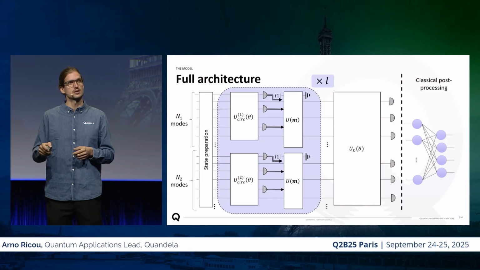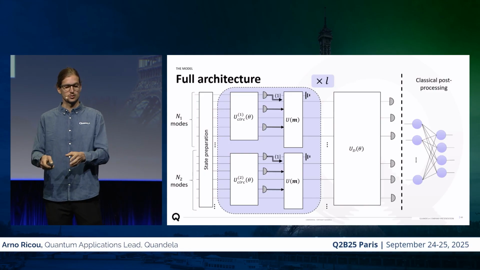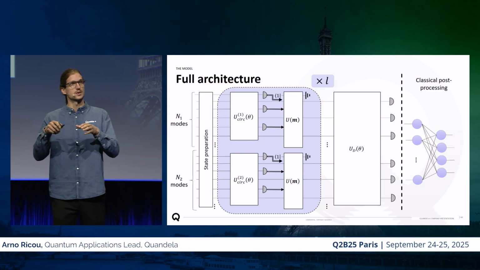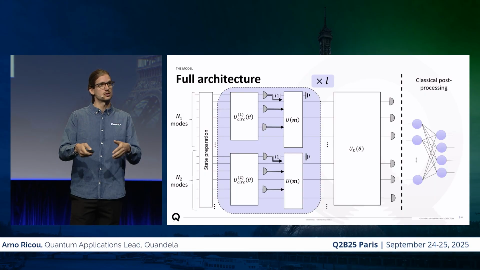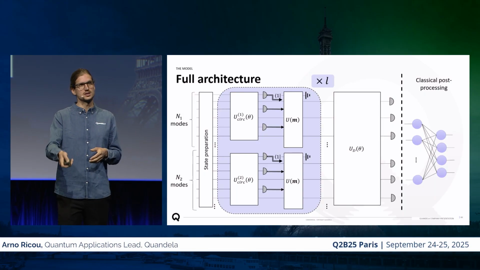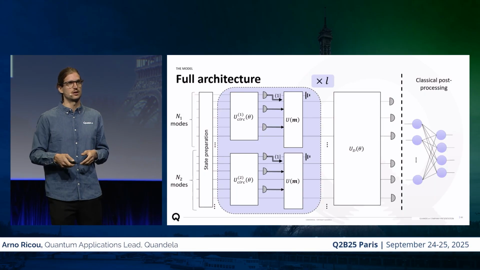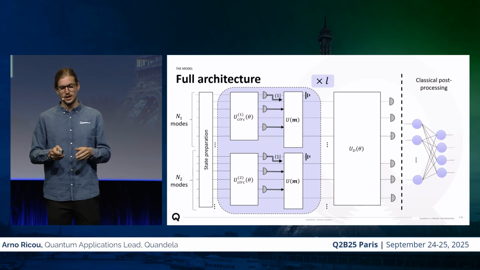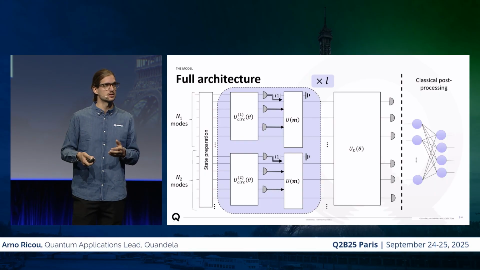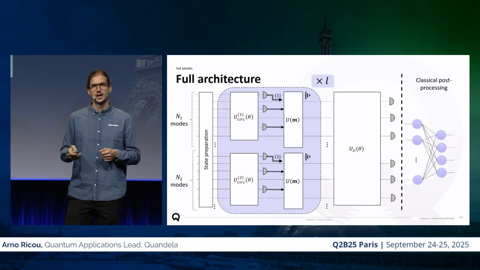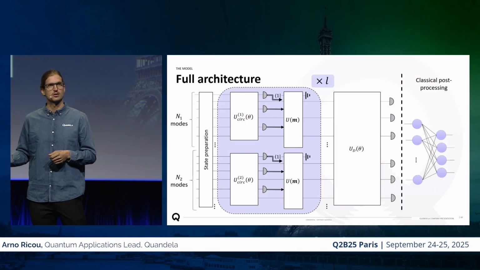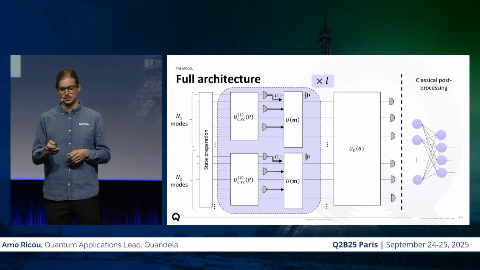And after that, we add the pooling layer, which is done by this feed-forward or adaptive measurement, where you can see that's where we detect the photon in this part. And we're going to repeat that as much as we need to analyze our image. And in the end, we have this quantum dense layer, which is then followed by a classical dense layer.